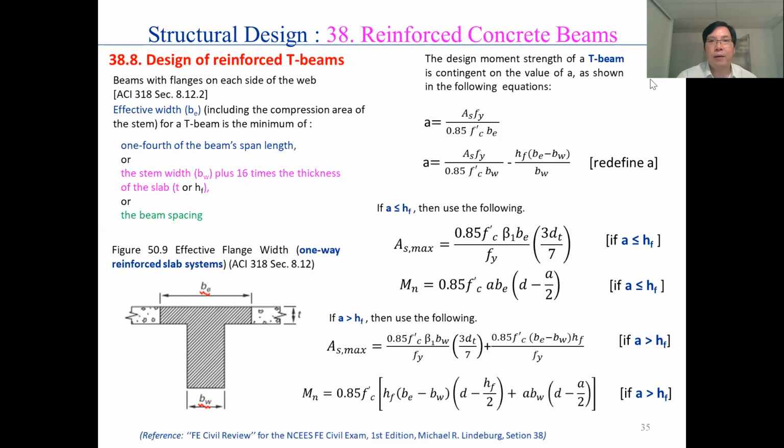So the design moment strength of the T-beam is contingent on the value of a shown in the following equation.